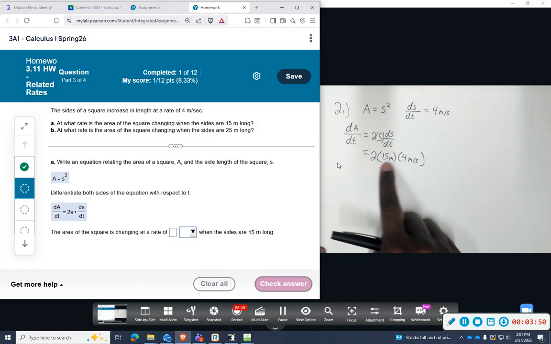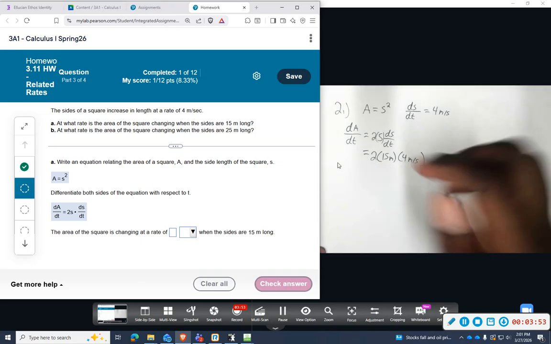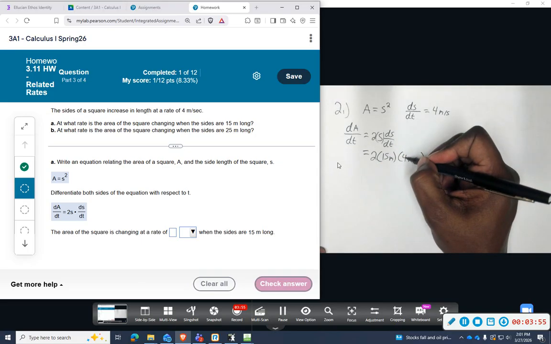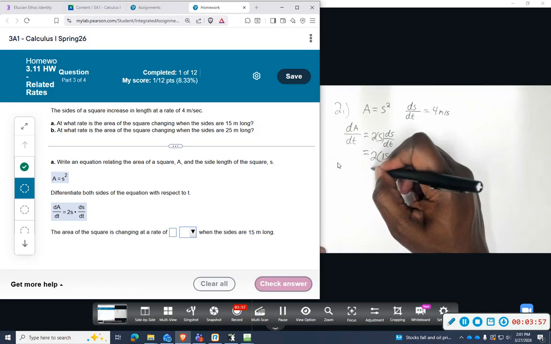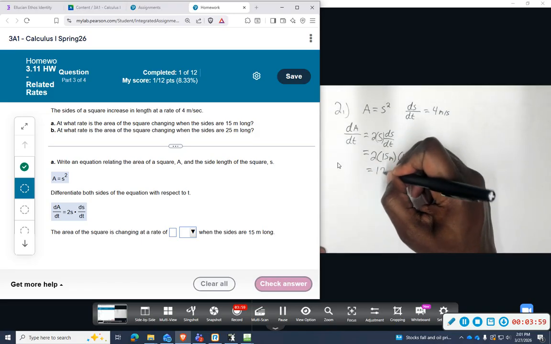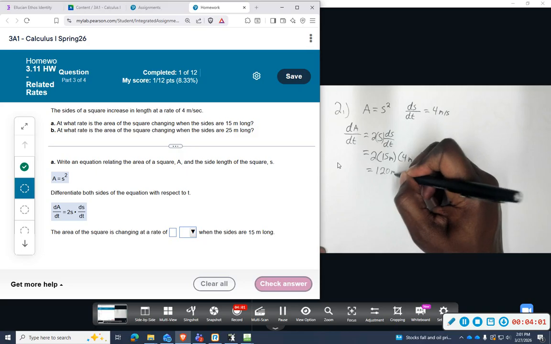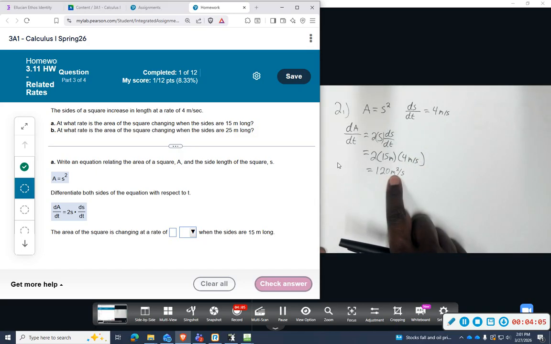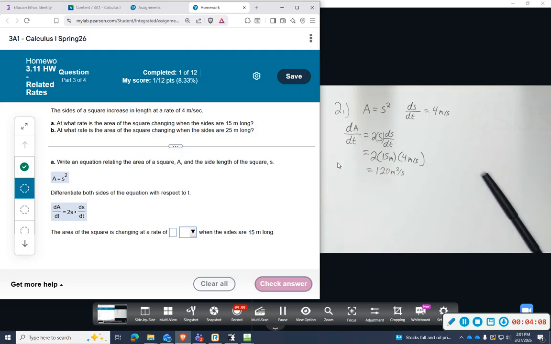So you multiply meters and meters, you get meters squared. 30 times 4 is 120. So we're looking at 120 meters squared per second, and that matches the dimensions of area. It should be square units.